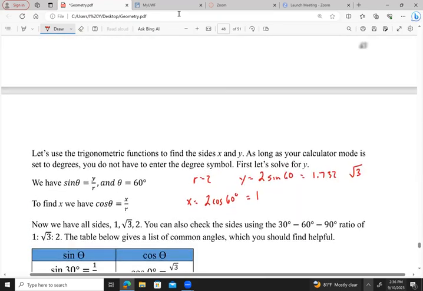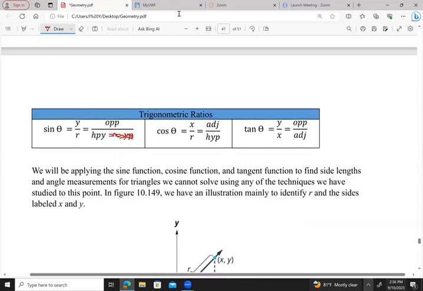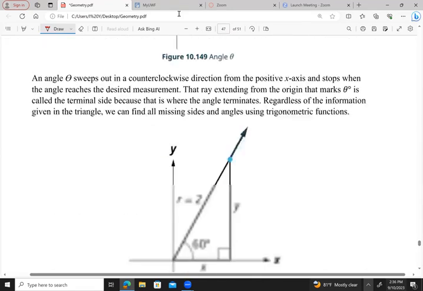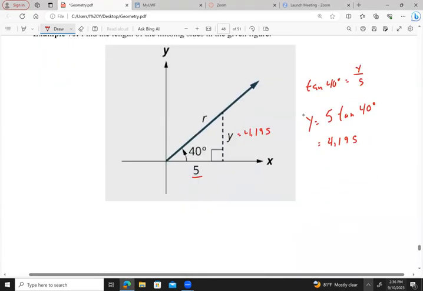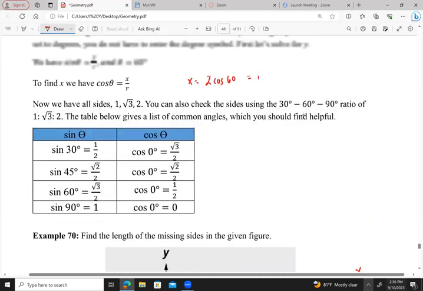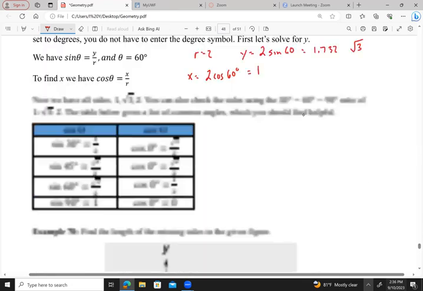Now, which formula had the adjacent and R in it? Go back and look. Cosine. So cosine of 40 degrees equals R over 5. Was that correct? Let me double check that. No, x over R. So R is on the bottom.